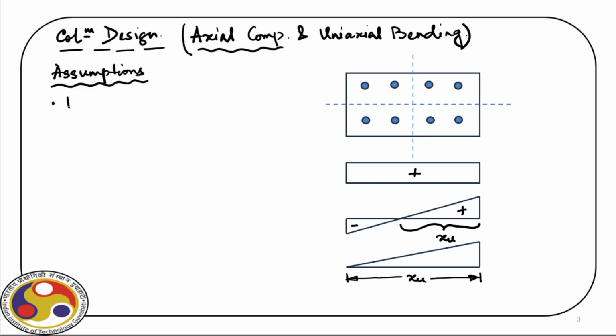First assumption is plane section remains plane before and after bending.